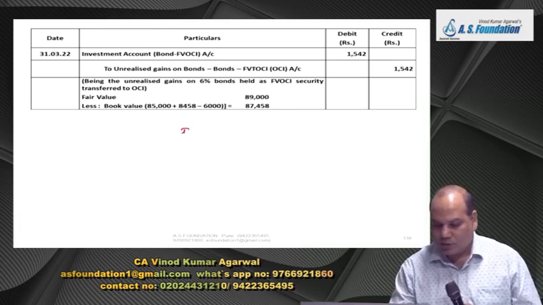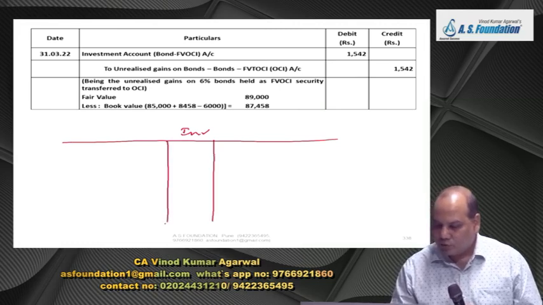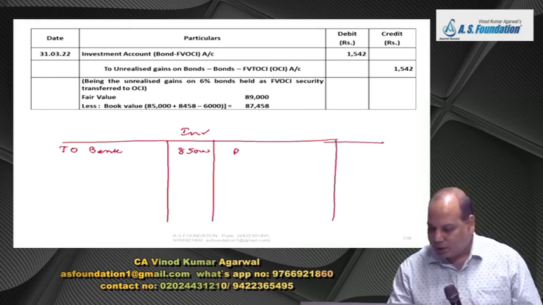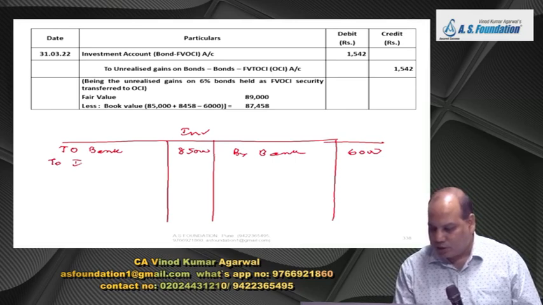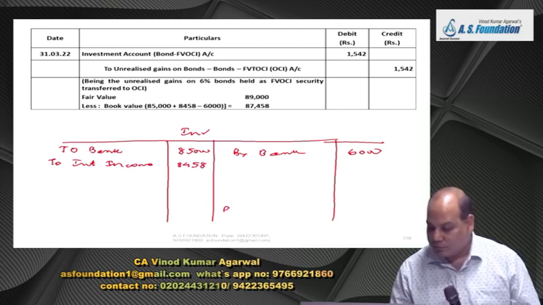Now suppose this is my investment account. I have written so far the following entries. Please tell me the numbers. To bank 85,000. Then by bank I have written 6,000. To interest income I have written 8458. I am preparing a ledger. This is what I have written so far in this account.